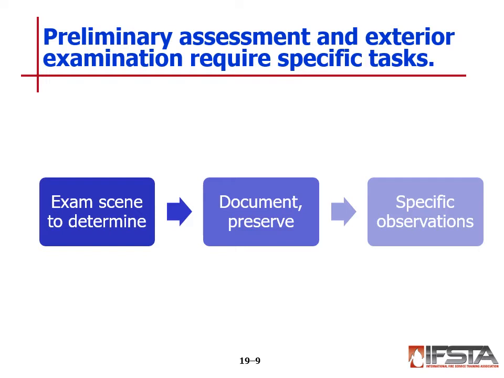For example, in spring, people may redo their flower beds and put new dirt down, new potting soil. Snow can give us some good footprints during the winter. So you want to be looking for that. Look for tire tracks. I already talked about that, but all right.